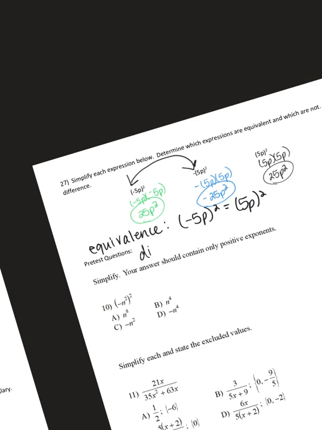So in the green version, the difference between (negative 5p) quantity squared and the opposite of (5p) quantity squared is that this negative is squared.